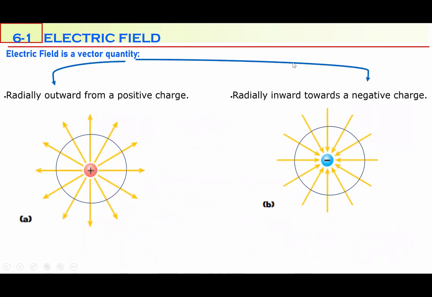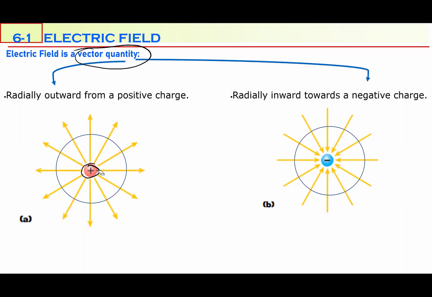The electric field is a vector quantity, just like every field. The gravitational field is a vector quantity. The electric field is a vector quantity. We will learn in chapter 5 that the magnetic field is a vector quantity. And every vector has a direction, so the electric field also has a direction. The electric field around a charge is radially outward or inward depending on the type of charge.